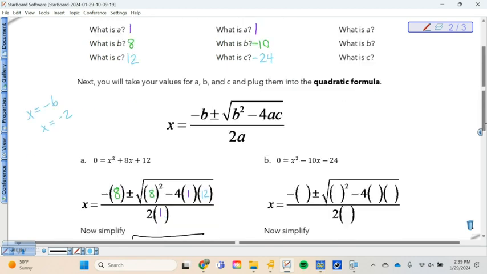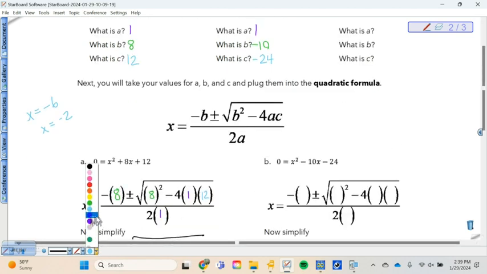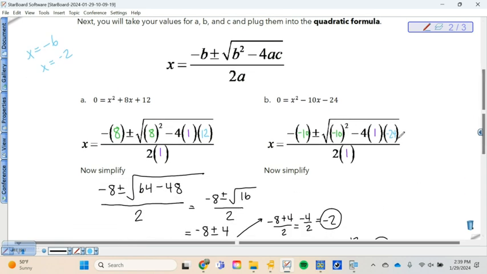Okay, I'm going to plug in 1 for a. Got a here and an a down here. Plug in negative 10 for b, negative 10 and negative 10. And then c is negative 24. So now we simplify. And I start with what's underneath the square root first.